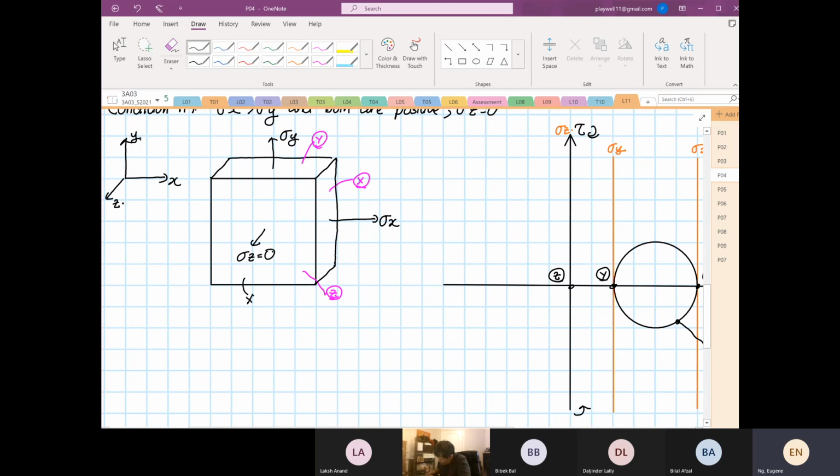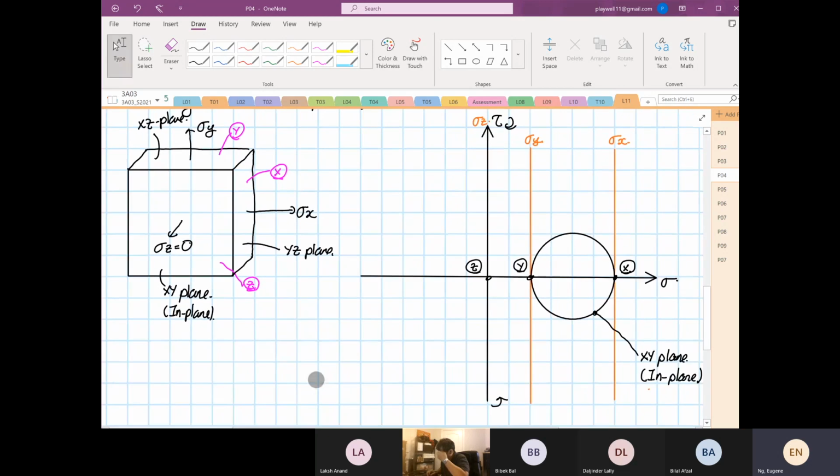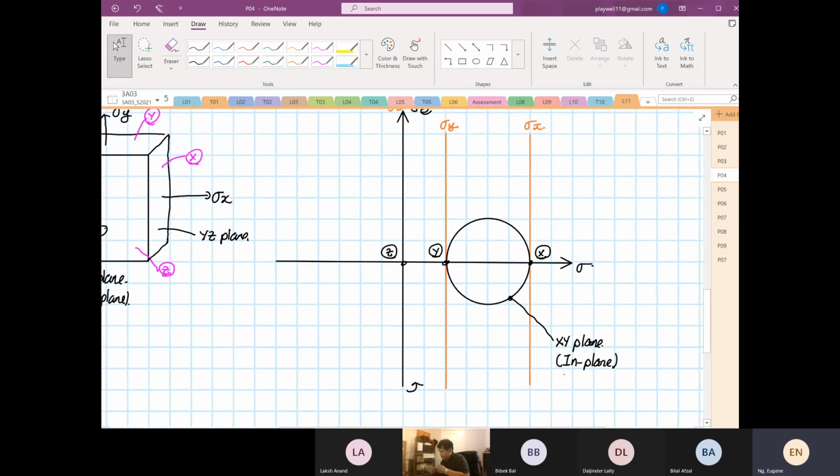So this is our XY plane. Over here is your YZ plane. And over here is your XZ plane, right? And this is the in plane. If it's not written, means it's out of plane, right? Right. So this is the in plane.